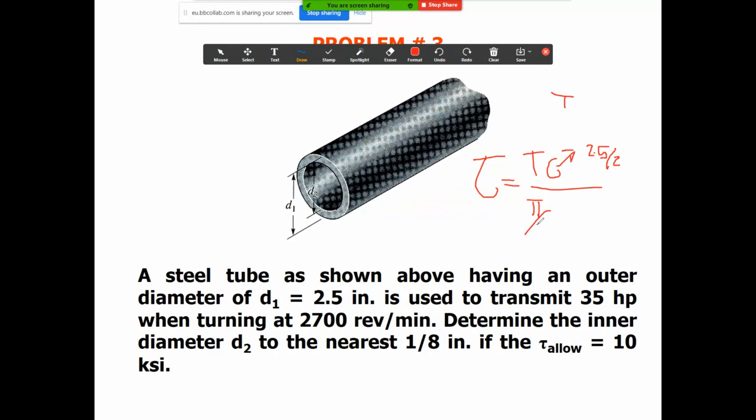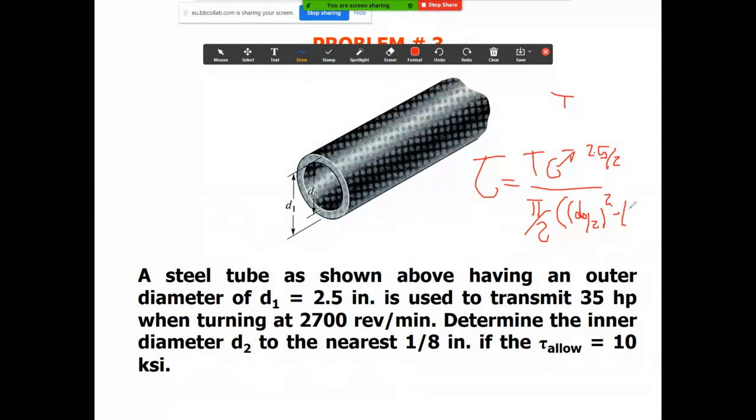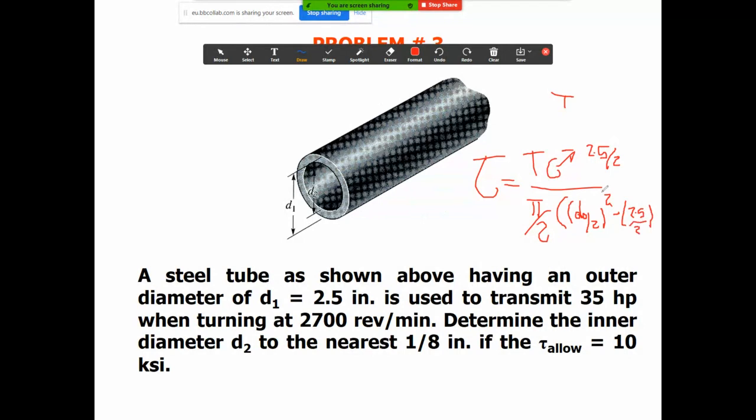Pi over 2 multiplied by the outer diameter, the one that I want to find, over 2 to the power 4 minus the inner diameter, or radius, which will be 2.5 over 2 to the power 4. Guys, by the way, to the power 4.